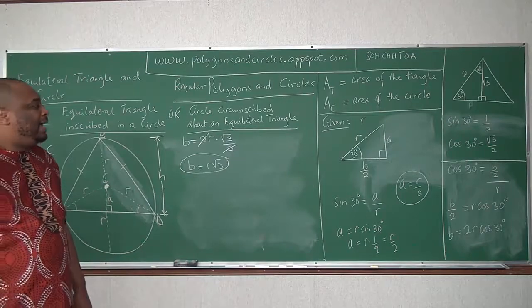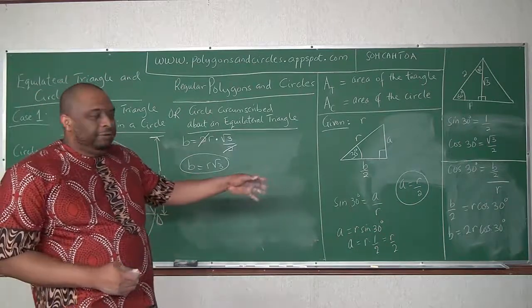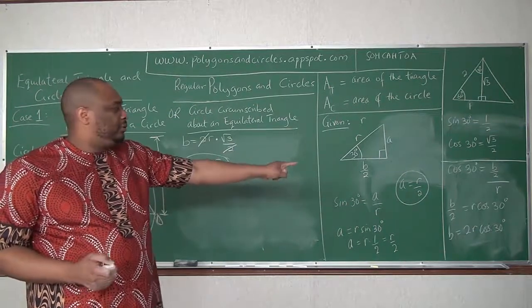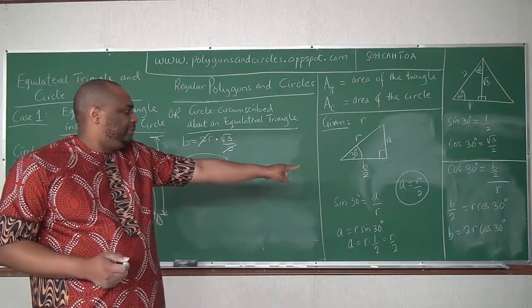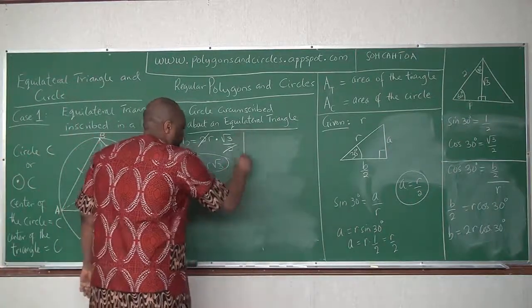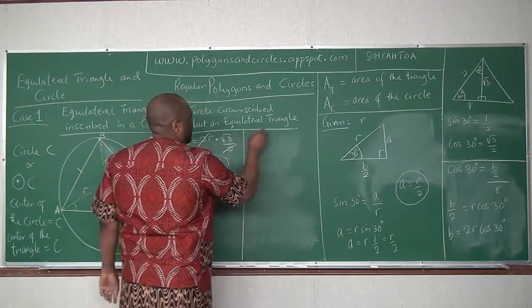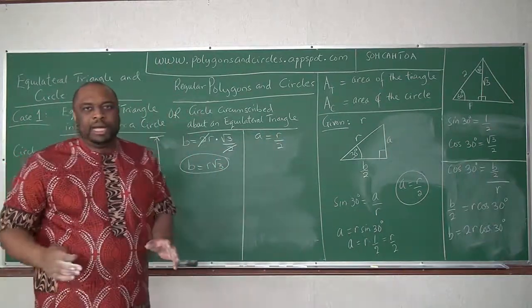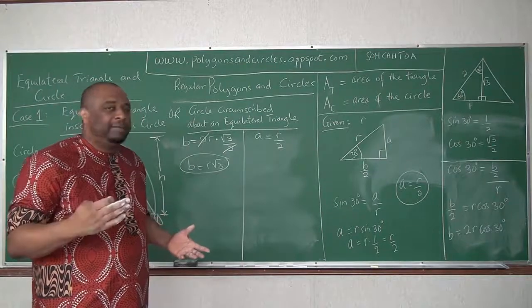And even also, when you're given the radius of the circle, you can see that A is r over 2. The apothem of the triangle is the radius of the circle divided by 2.